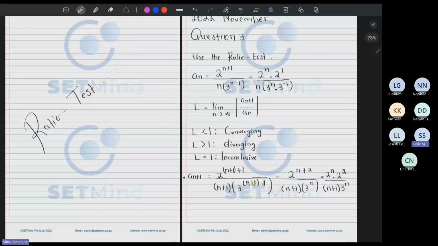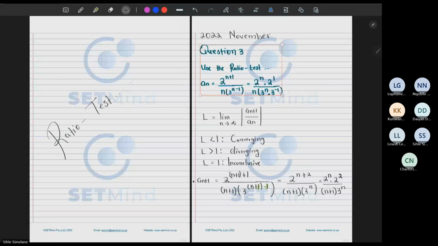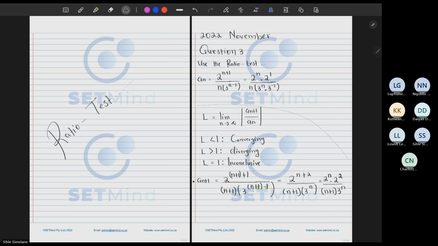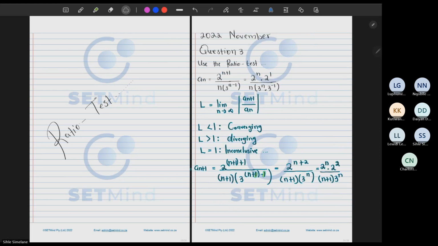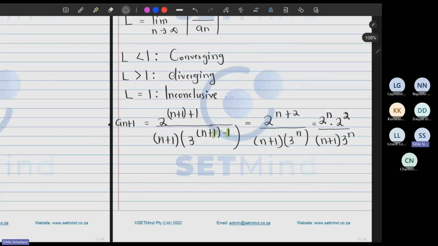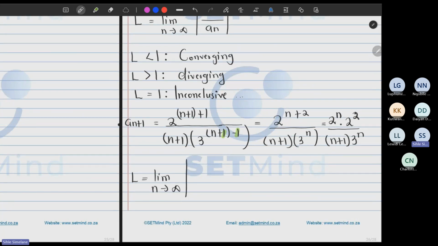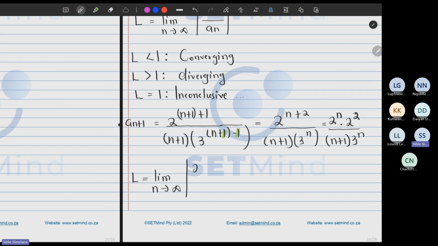Let me make some space before I do that. So my L will be the limit as n approaches infinity of a n plus 1, which is 2 to the n times 2 to the 2, all divided by n plus 1, multiplied by 3 to the n.